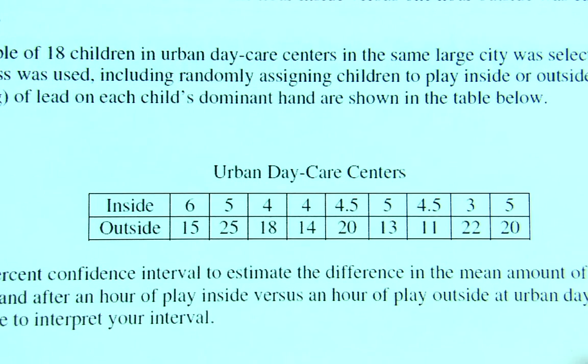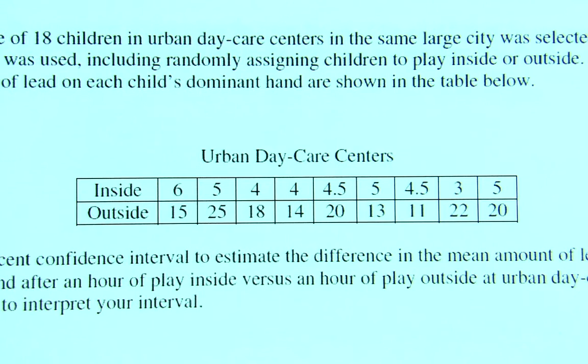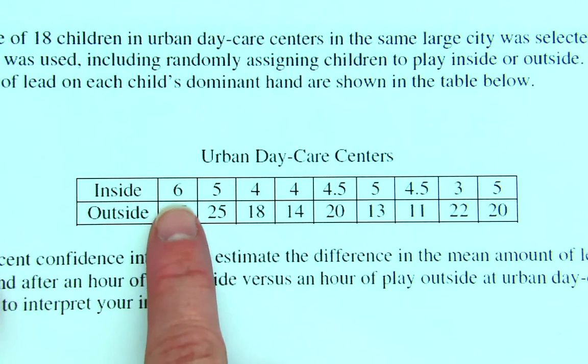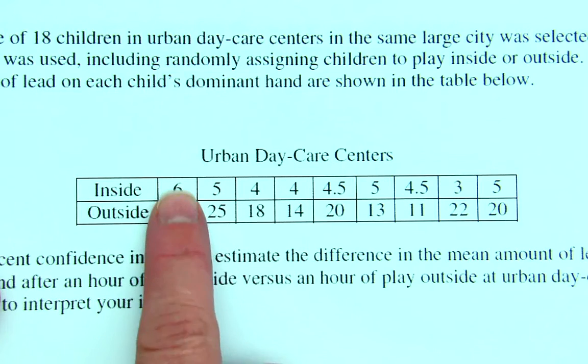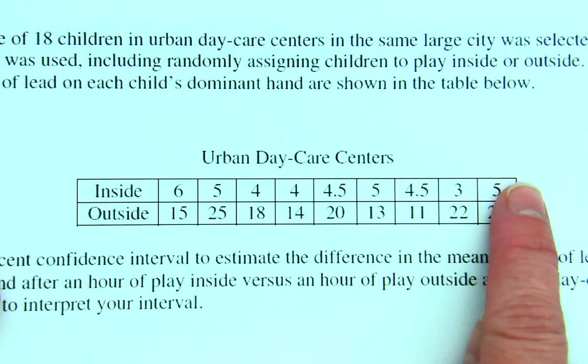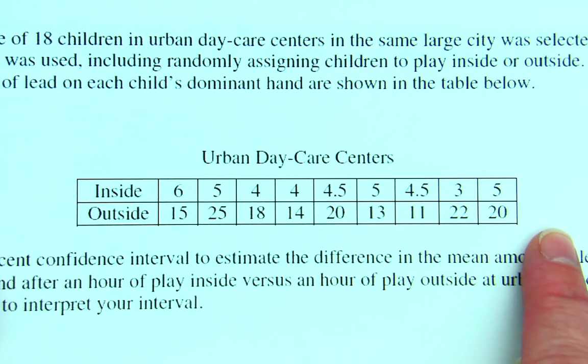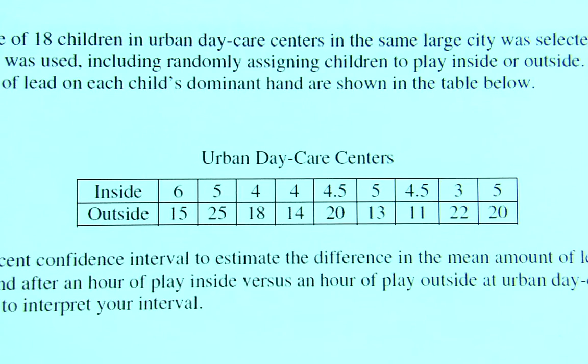Okay, so this one should be independent, because we don't know that these two children should be paired with each other. We just know all of these kids played inside, all of these played outside, so we don't need to pair one child to another child.